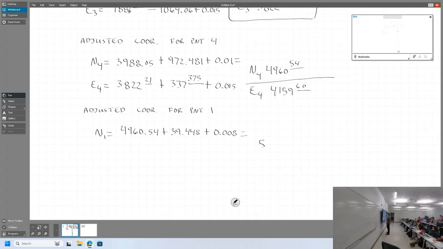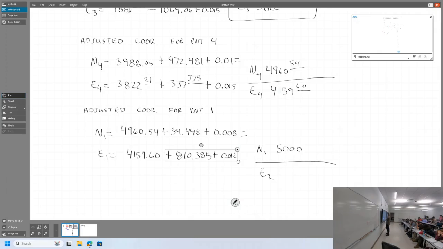Northing of 1: 5,000. Easting of 1, plus our departure, plus our correction: 5,000.